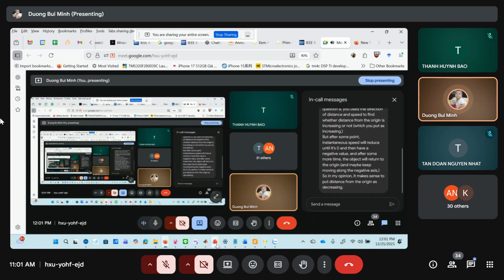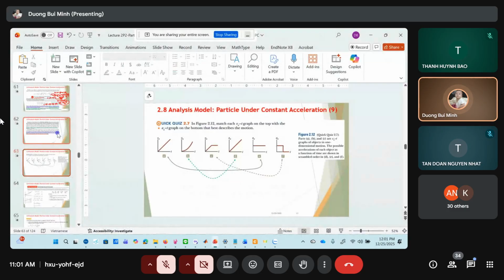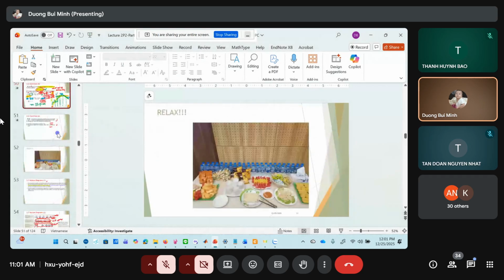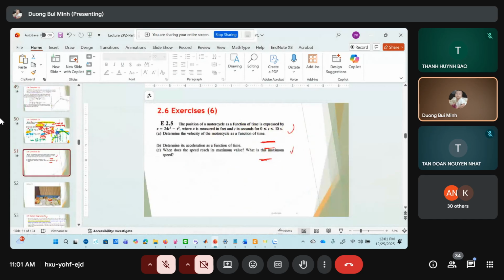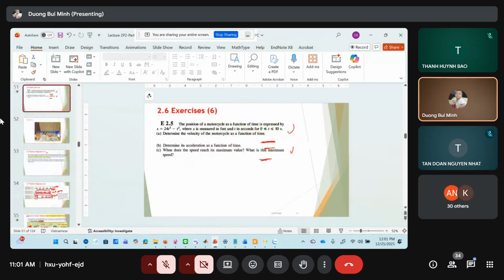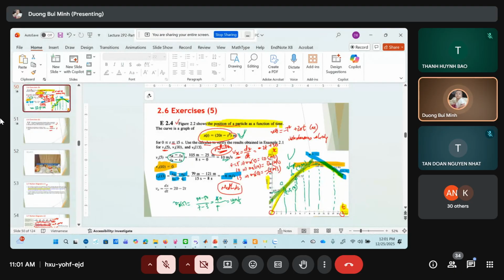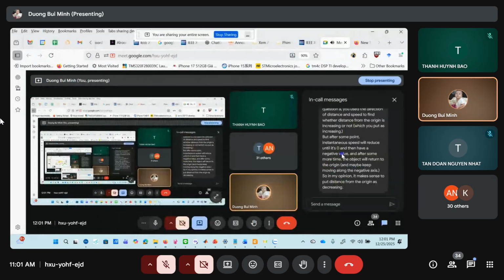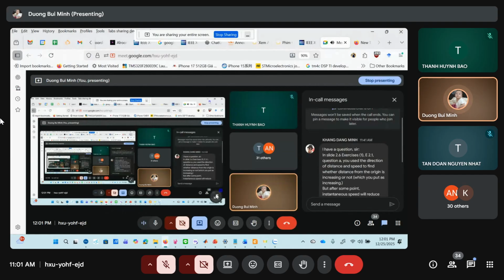Okay, let me go back to 2.6, exercise 2.1.